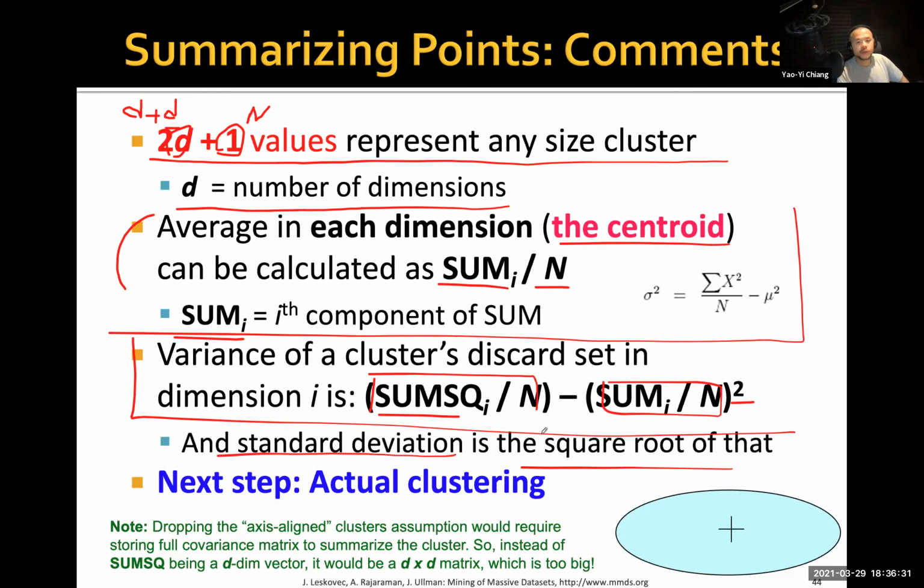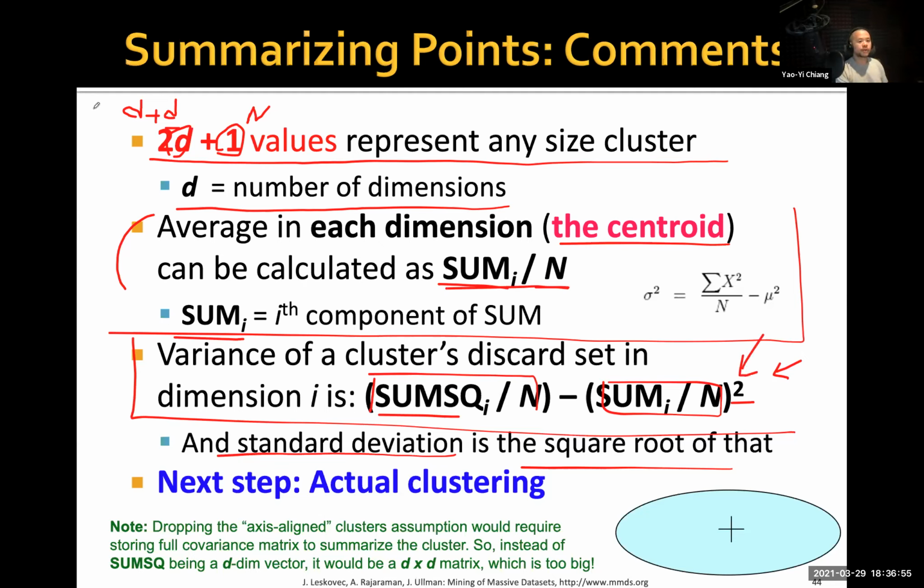Every dimension you can do this. This means just from the statistics, you are able to estimate the Gaussian parameters for each dimension. You have the mu and you have the standard deviation. The mu is the centroid. The standard deviation is calculated like this.